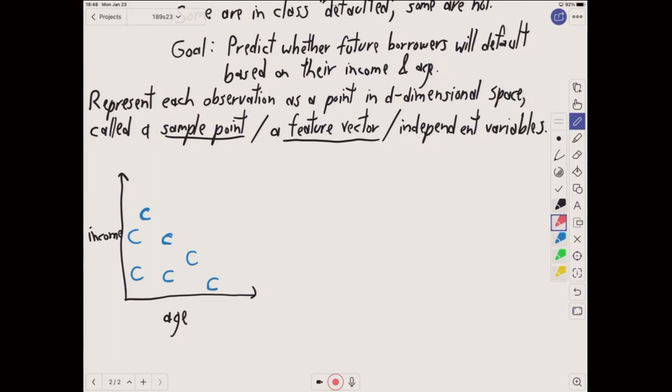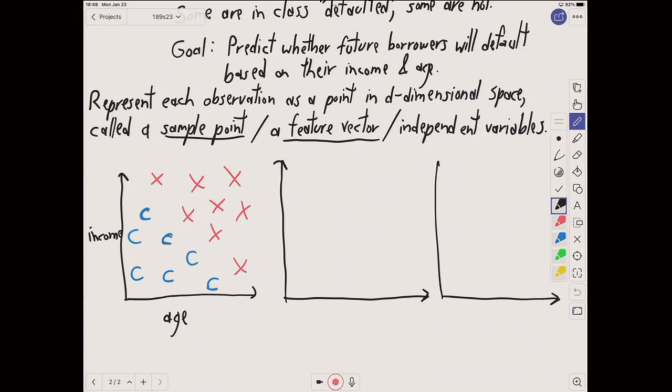Maybe those are my sample points in class C, and here's a bunch of sample points that are not in class C. That one's easy. The next 2 will be less easy. So in my second example, which could happen, you might wind up seeing something kind of like this.